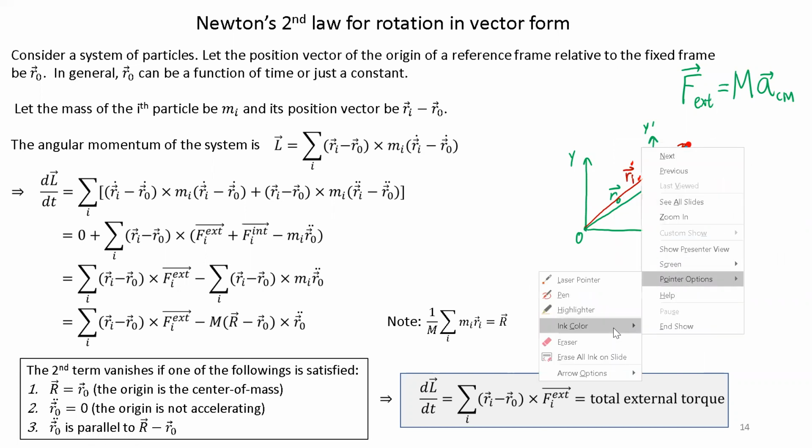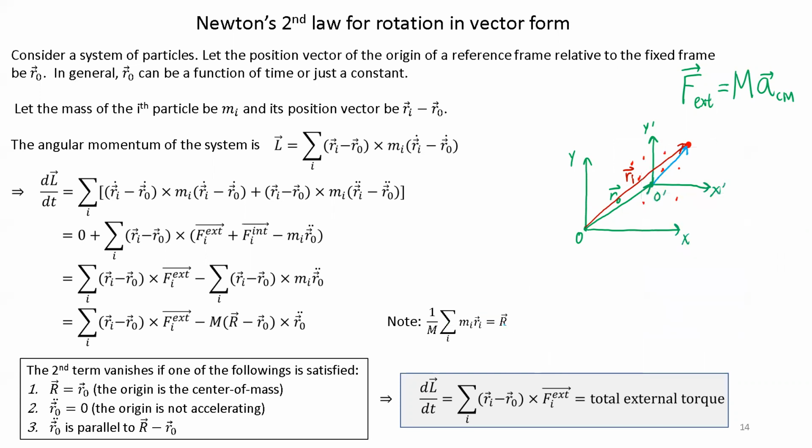And then the blue one is Ri minus R naught. Okay, so the prime coordinate system by itself can be moving as a function of time. It can be accelerating. It can be doing anything.